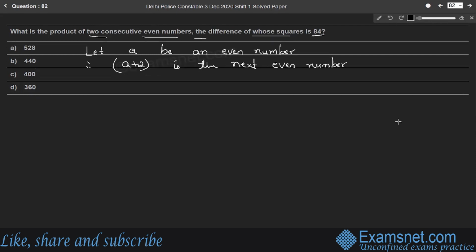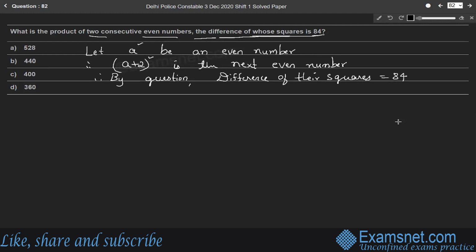In the question, the difference of whose squares is 84. Square of A is A squared. Square of the next number will be A plus 2 whole squared. Therefore, by the question, the difference of their squares is equal to 84.